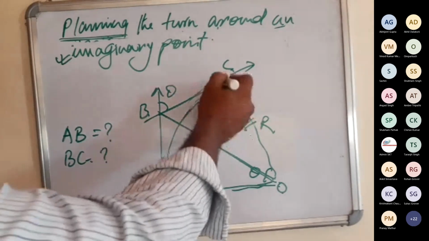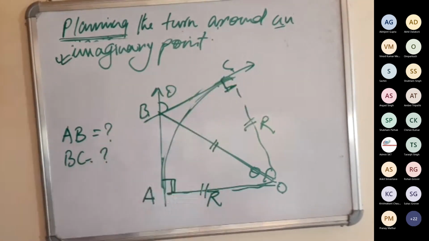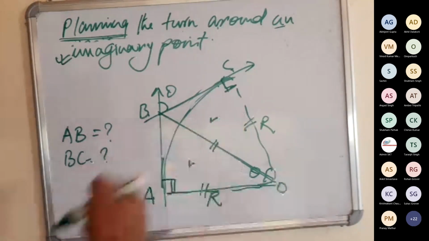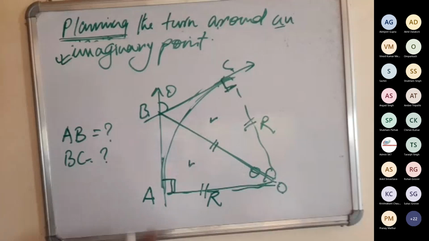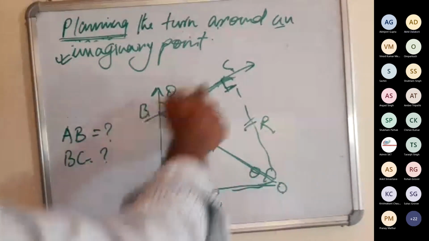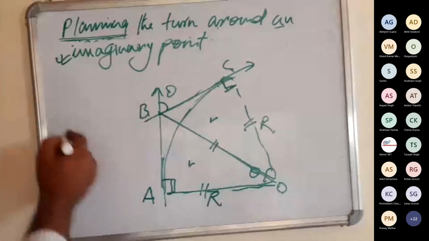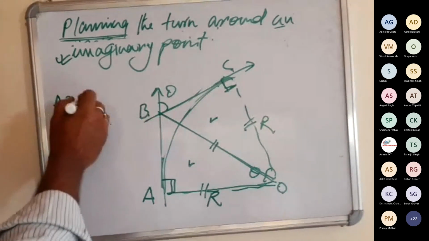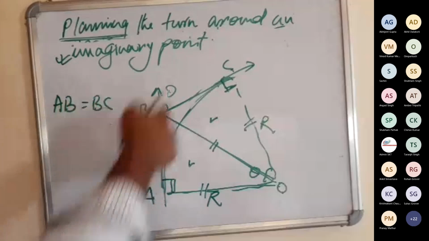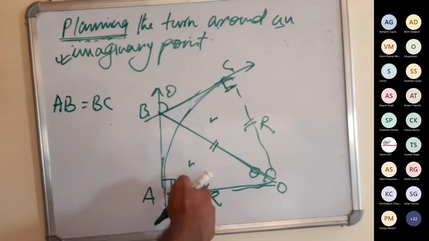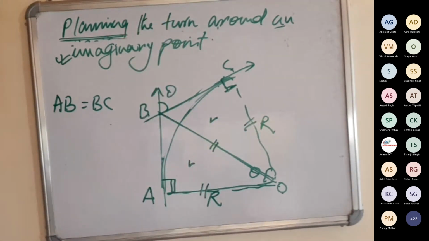This is a right angle triangle, so angles are also the same. That means the triangles ABO and BCO are congruent. That means AB is equal to BC. That can be established, both will be equal. If two sides are equal, the third side will be equal too.